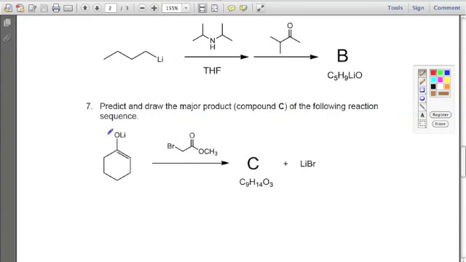So we're going to swing down, and it's going to attack this compound somehow. Now, the question is, would it attack here, or would it attack here? Well, they're kind of making it easy for you because they're giving you the chemical formula, and they're saying that your final product is going to have 3 oxygens in it.